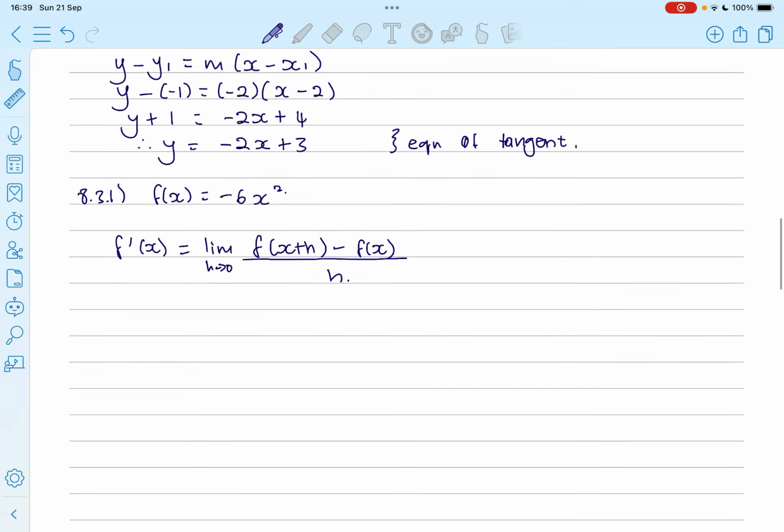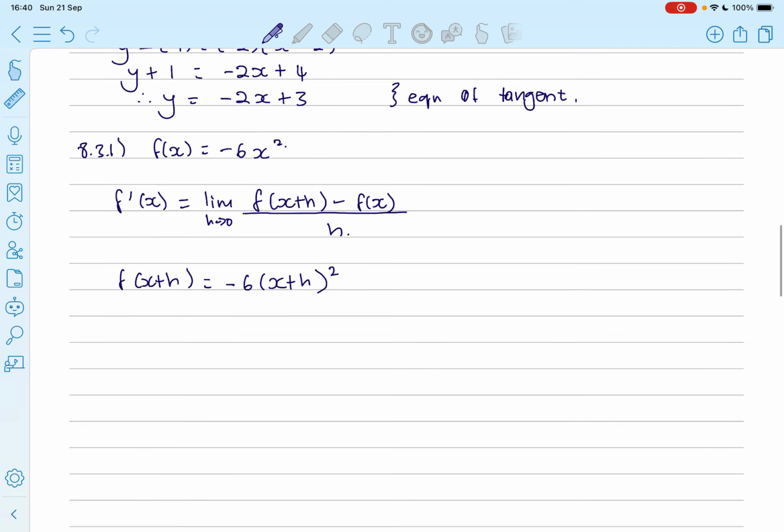So we already have the equation of f of x. Let's get the equation of f of x plus h. So wherever there's an x, we're going to replace it with x plus h. And then we close our bracket and then we square it.